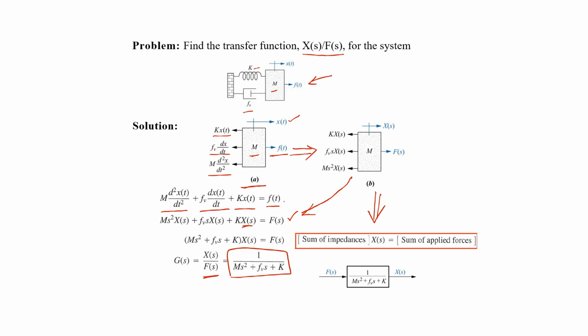And we can see that it is done here: all the impedances are added together and multiplied with X(s), and this is kept equal to F(s), which was the applied force. So this way we can convert any mechanical system into the transfer function directly.